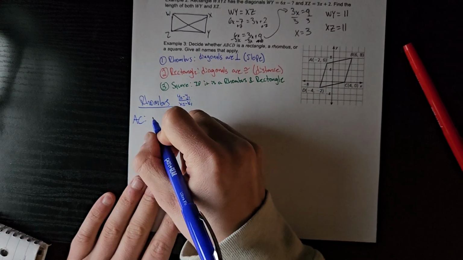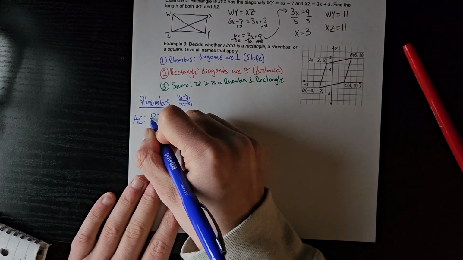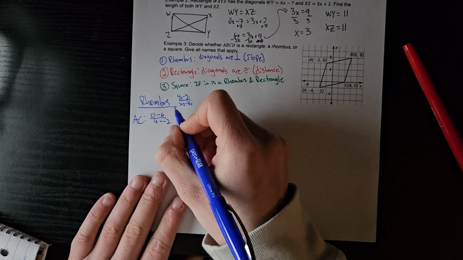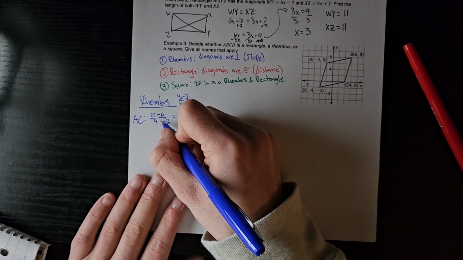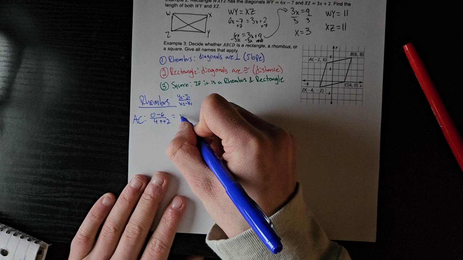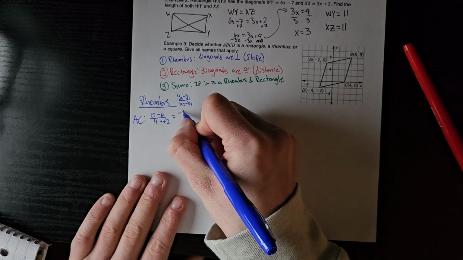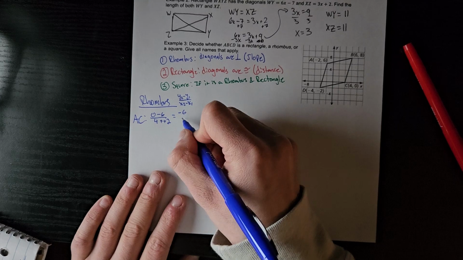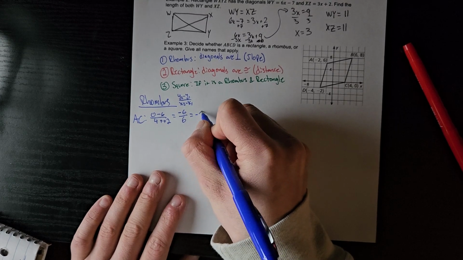So I have 0 minus 6 over 4 minus negative 2. That is equal to 0 minus 6, which is negative 6. 4 minus negative 2, making it plus, is 6, so that's over 6, and that's going to be negative 1.